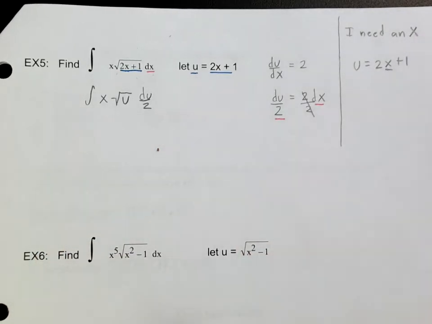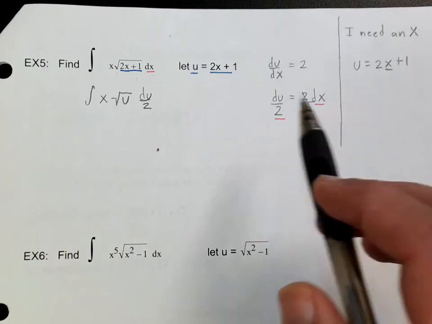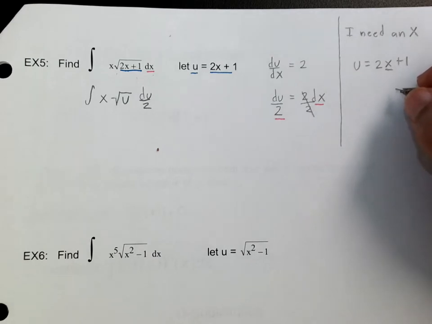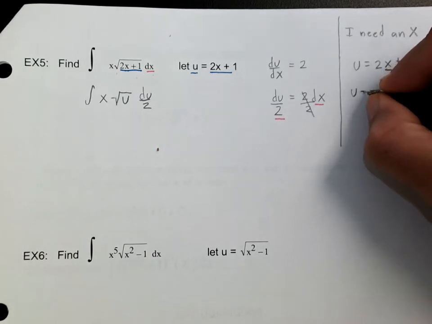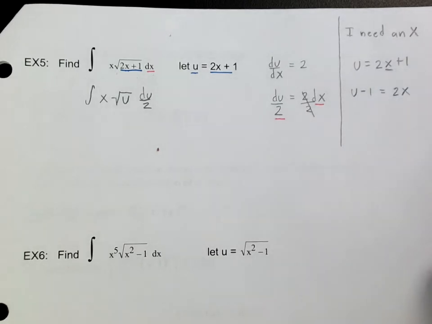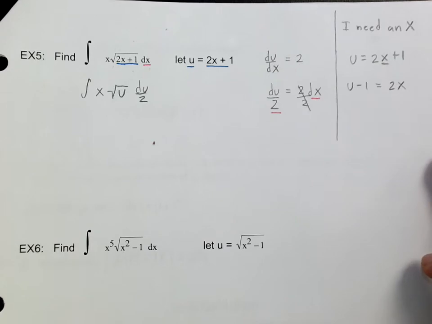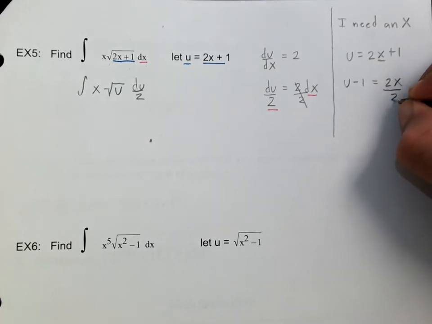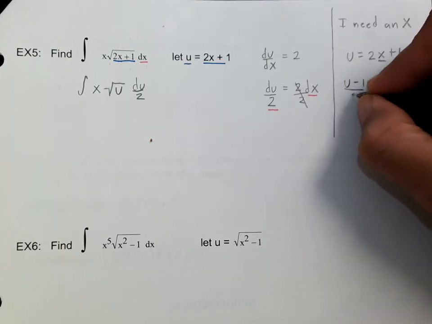Because if I solve for x, then I can replace whatever I get with this. Alright, so I'm going to subtract 1 from both sides, so I get u minus 1 is equal to 2x. Yes, I'm skipping like one tiny step, but, you know, deal with it. And then now you're going to divide by 2. Divide this by 2.